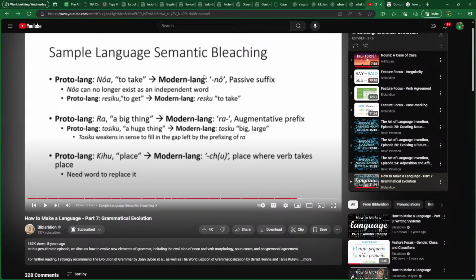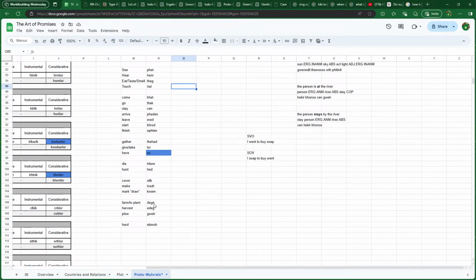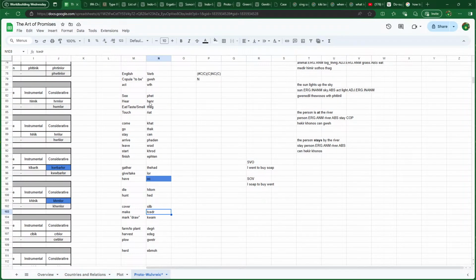So take becomes a passive suffix, and then to get becomes to take. So from make becomes the causative.